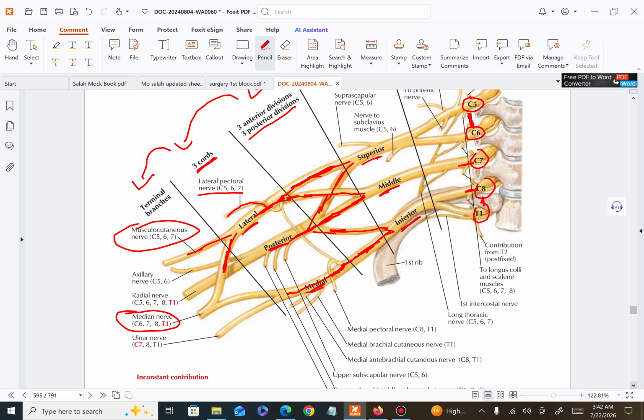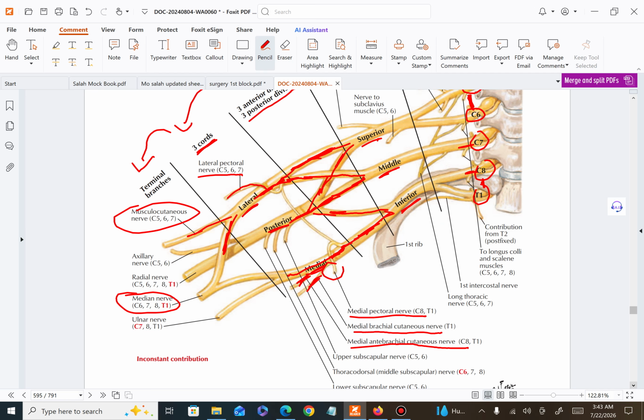Then the branches from the medial cord are five in number. The first branch is the medial pectoral nerve. Then the medial brachial cutaneous nerve, or medial cutaneous nerve of arm. Then the medial antebrachial cutaneous nerve, or medial cutaneous nerve of forearm.